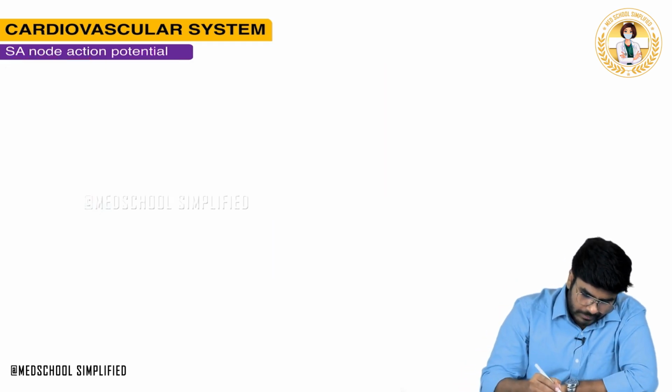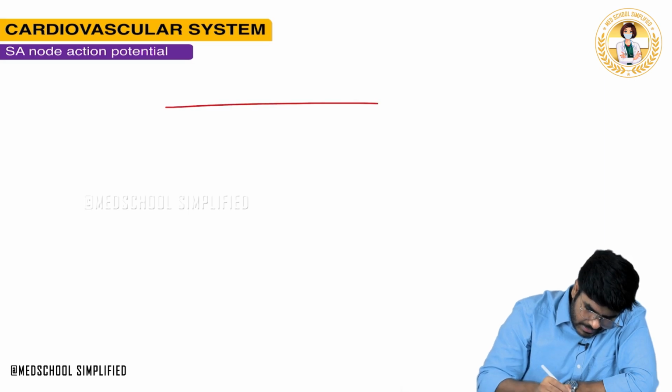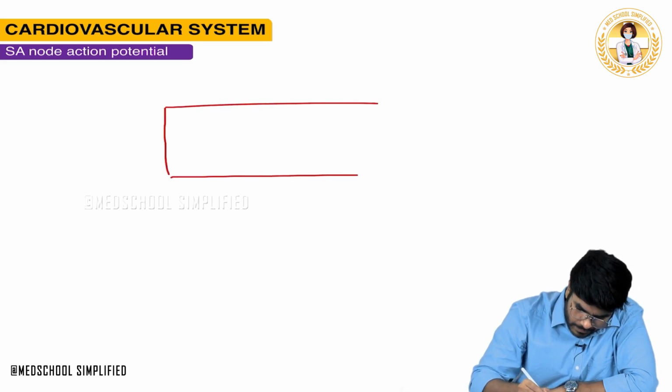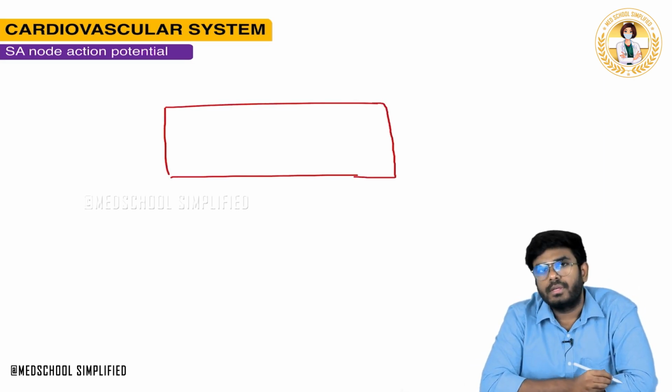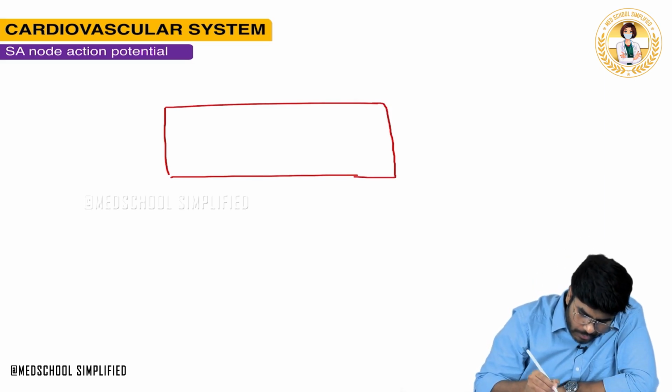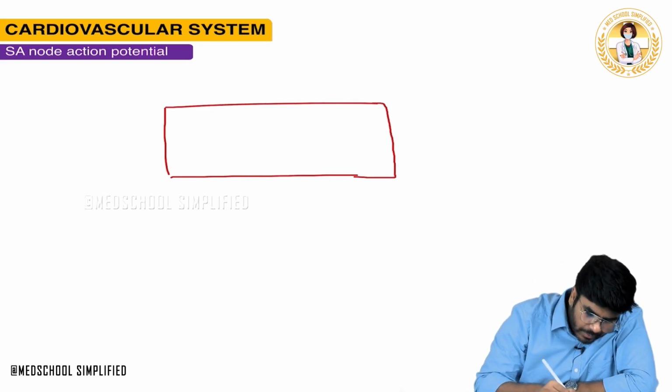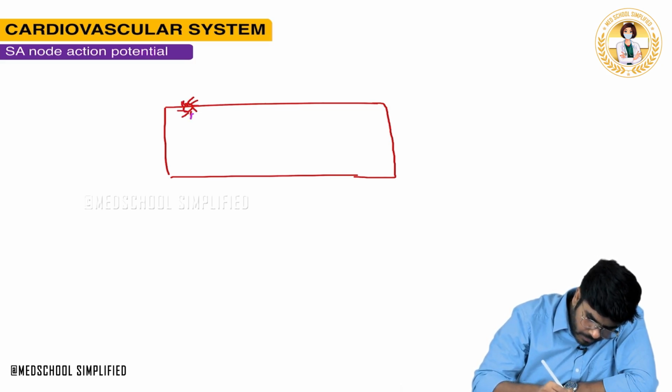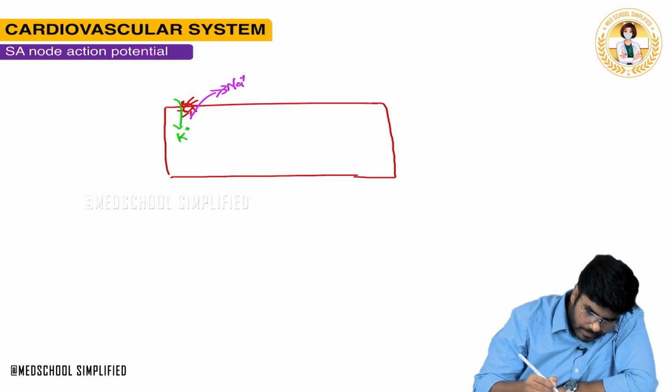Now let me show you here. Imagine this is the SA node. Because of the sodium potassium ATPases, the channels called sodium potassium ATPases are throwing the sodium ions out and bringing the potassium ions in.